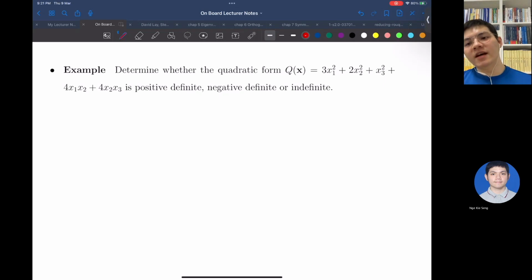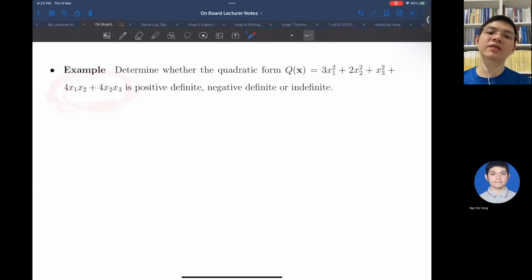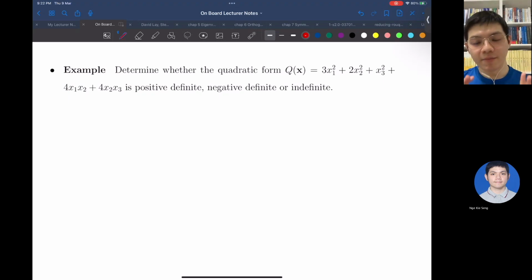Maybe you will see that all of the coefficients are positive, but be careful that there's a cross term here. Right? A cross term might produce negative values. Really, you need to first diagonalize the symmetric matrix that defines this quadratic form, and then look from there.